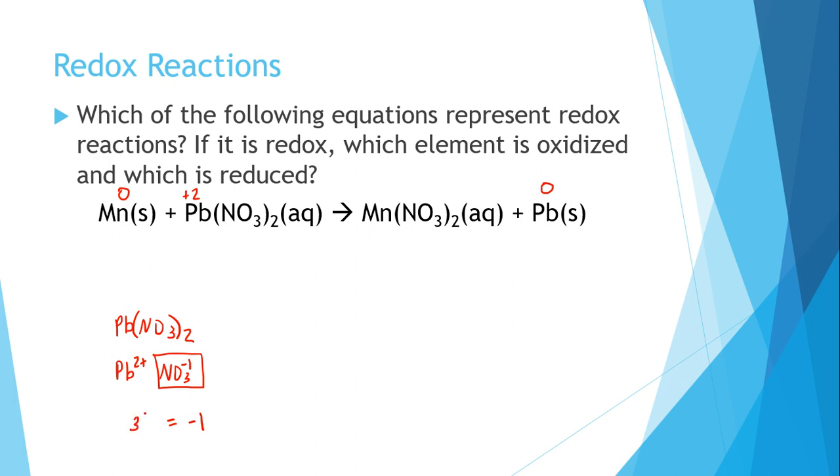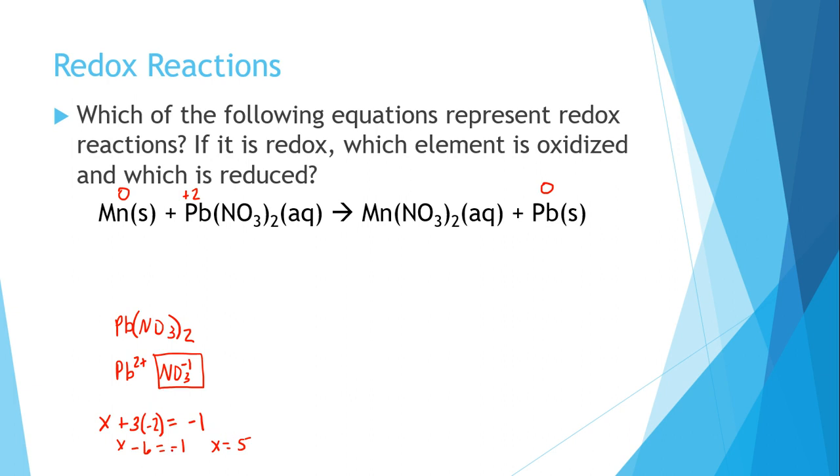There are 3 oxygens. This is typically a -2. Plus, I don't know my nitrogen, so I'm going to plug in X for that. Here you get X - 6 = -1. Then you can add 6 to the other side and see that X equals +5.